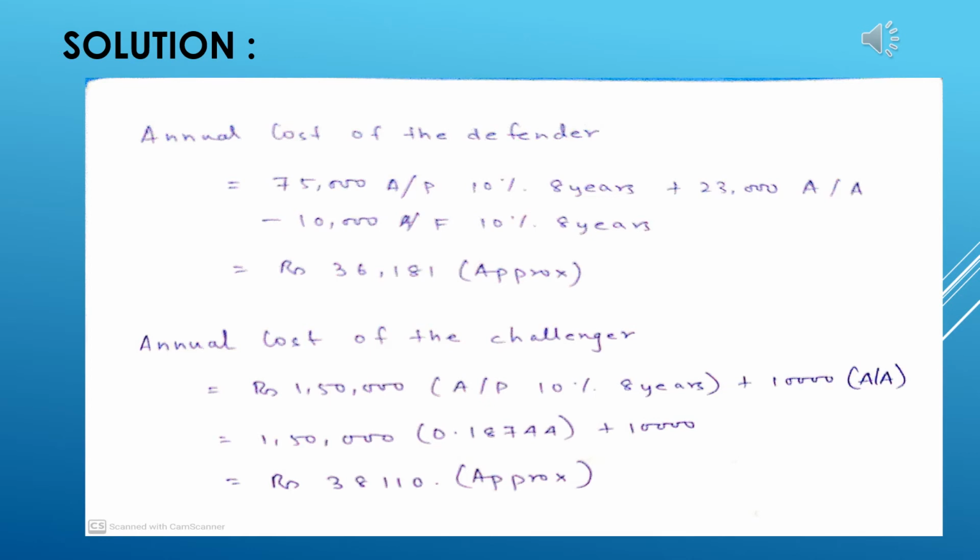If we take the formulas into consideration here, given present worth to get annual worth, the formula is I into (1 plus I) whole to the power n, divided by (1 plus I) whole to the power n minus 1. If we multiply that with 75,000 and do the rest of the calculation, we get approximately the annual cost of the Defender at 36,181.